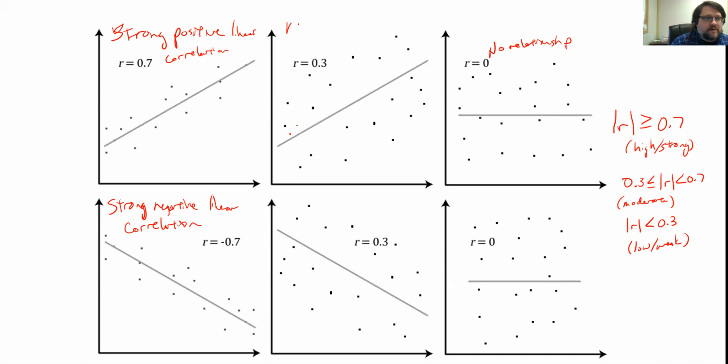And this is a moderate positive linear correlation. This is a moderate negative. And again, you could look at that and say, that doesn't seem moderate, it seems low. And again, we can disagree. I'm just using that as a cutoff.